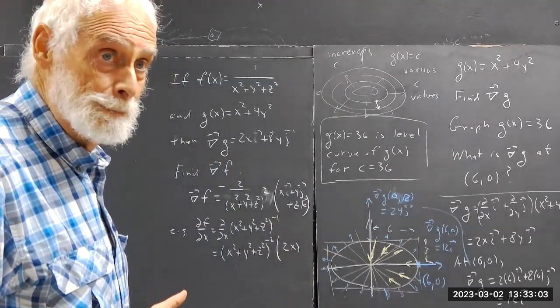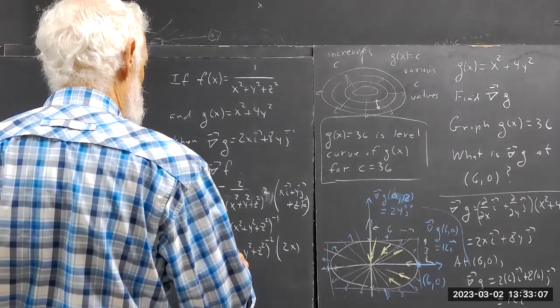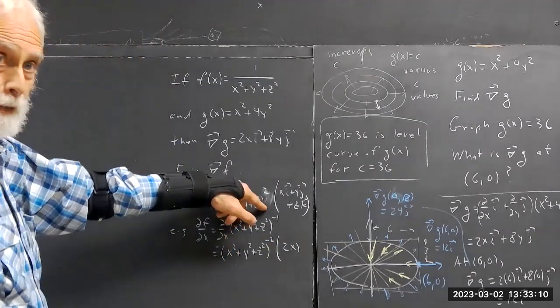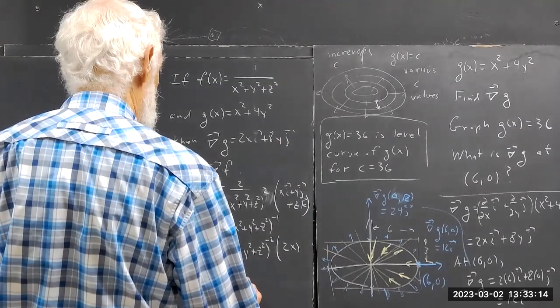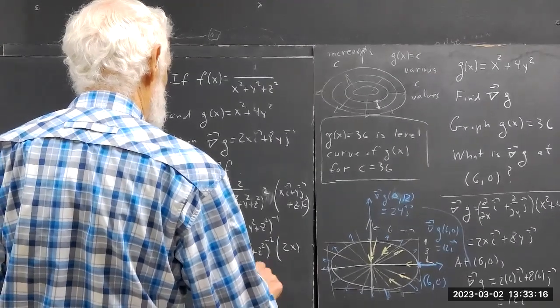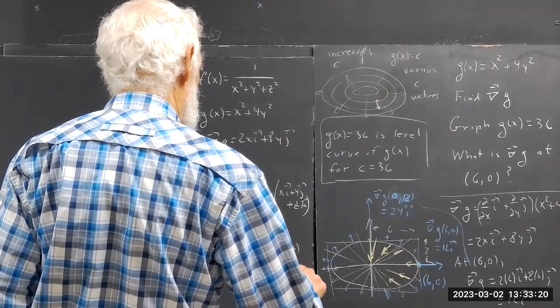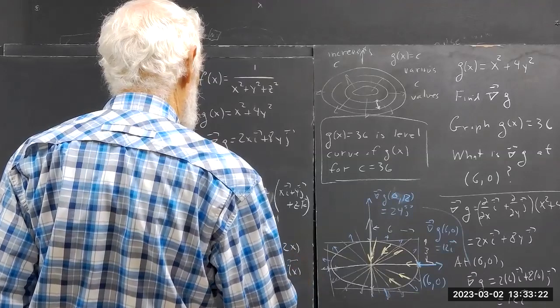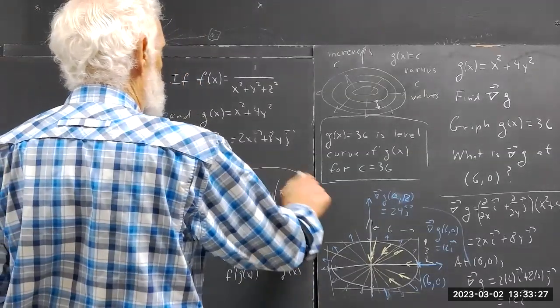It's this: the negative to the negative 1 power. So here again is your f prime of g of x, and here's your g prime of x. Chain. There's the gradient.